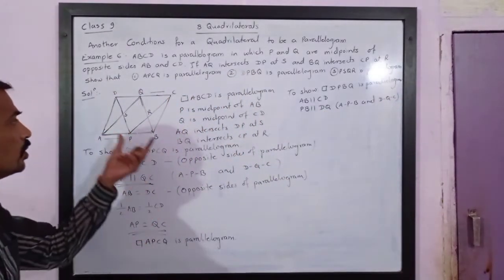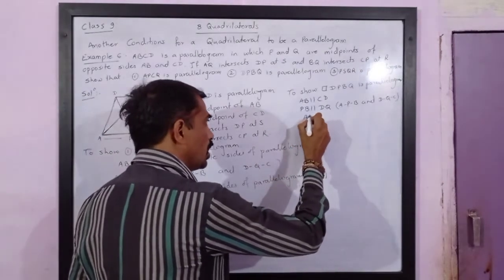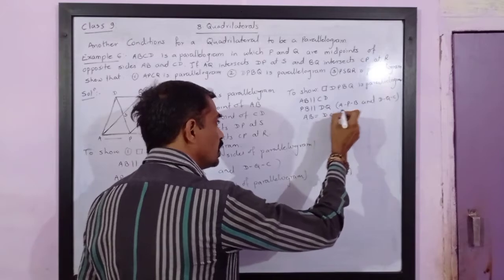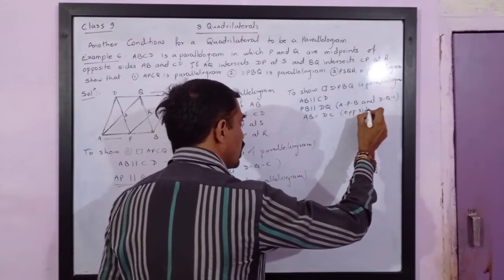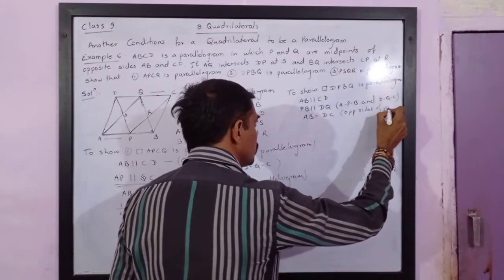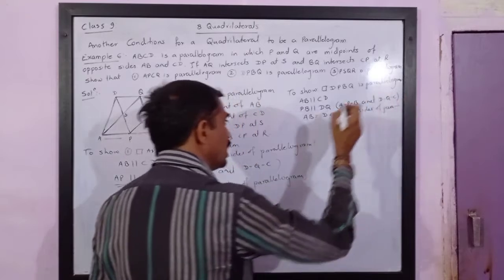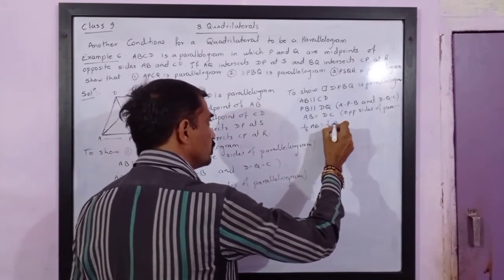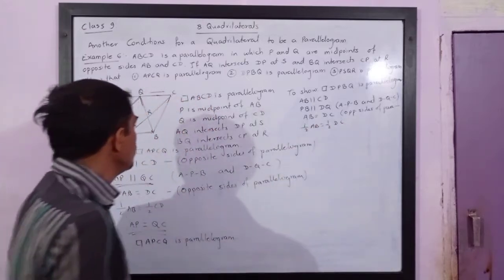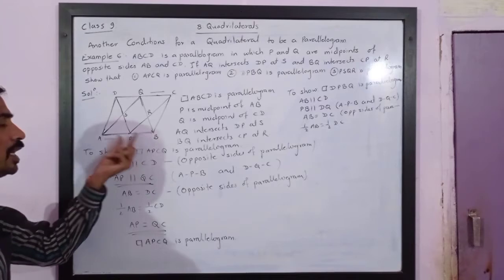Now we already know that AB equals DC, they are opposite sides of a parallelogram. So I will get half AB equals half DC. Now instead of half AB I am writing PB, because P is the midpoint.